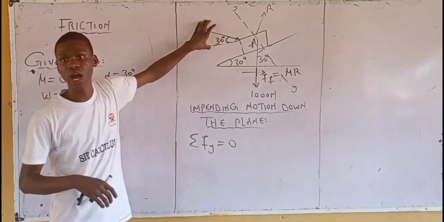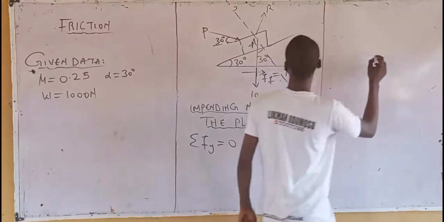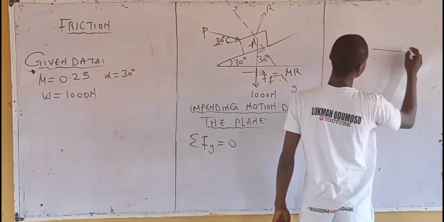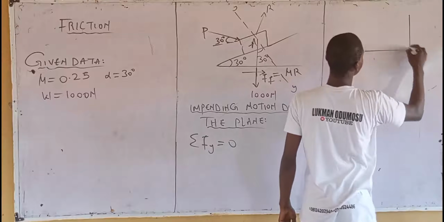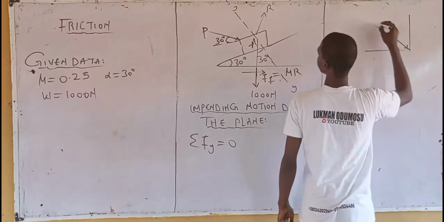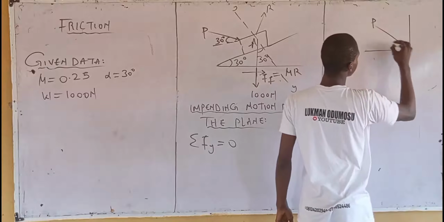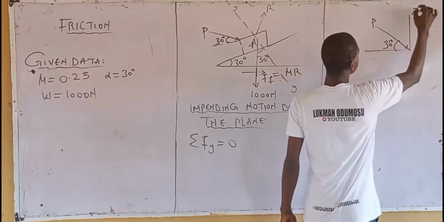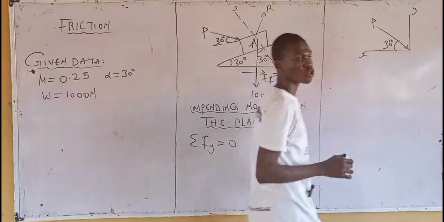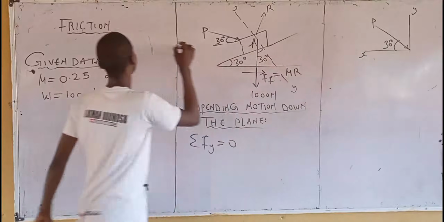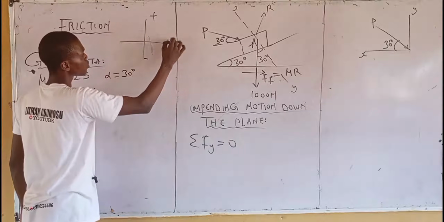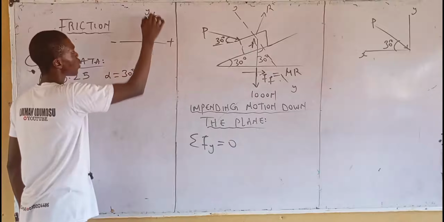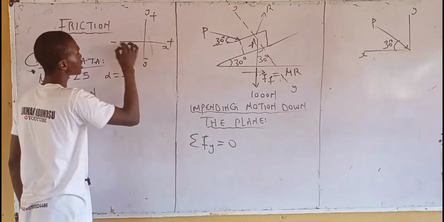Now, let me bring out this P, meaning I have something of this nature. This is P, this is 30 degrees, this is Y, this is X. Also consider your Cartesian coordinate. Recall from your mathematics, this is positive, negative, positive, negative. This is the y-axis, this is the x-axis.